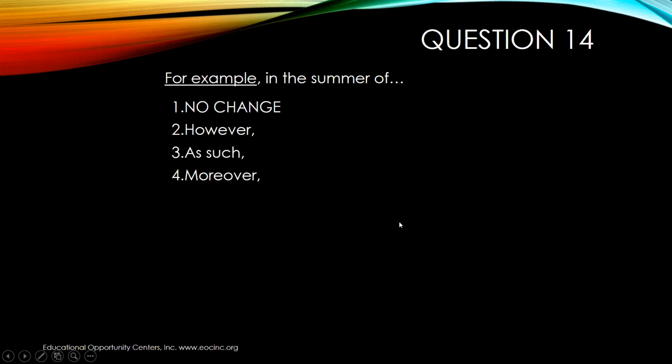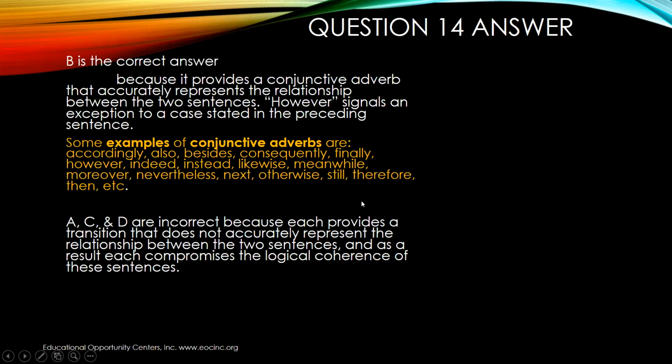I think the correct answer is "however." So if you were to reread that with "however," I think you're going to see that that makes the most sense. It's that conjunctive adverb that we talked about last week. It signals an exception to the preceding sentence. It's almost giving a little bit of a comparison. So underline that, guys, so that you can review that.